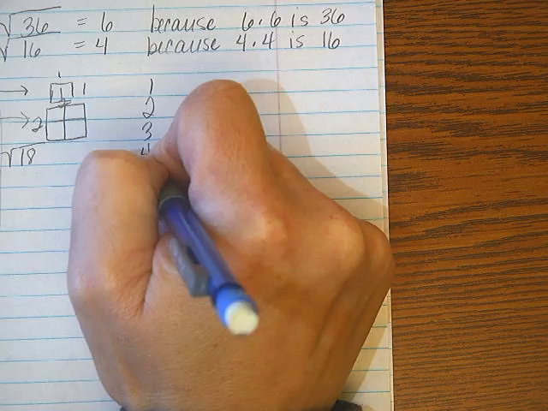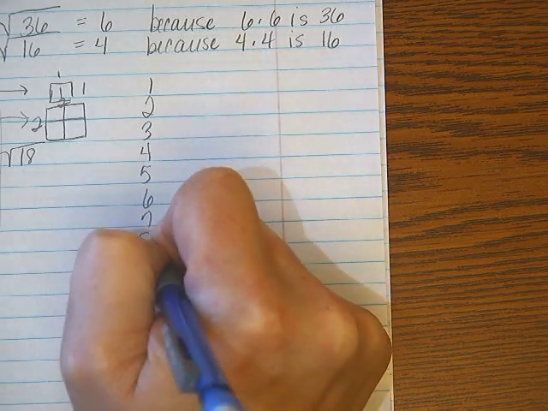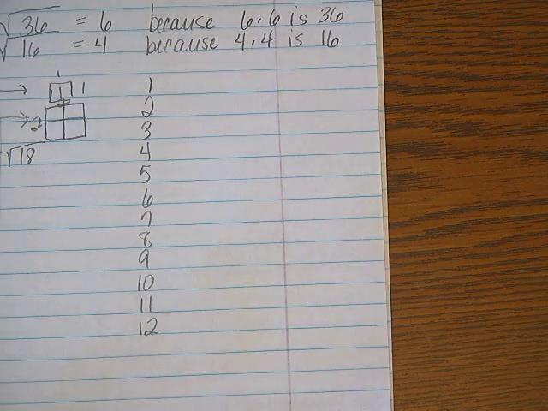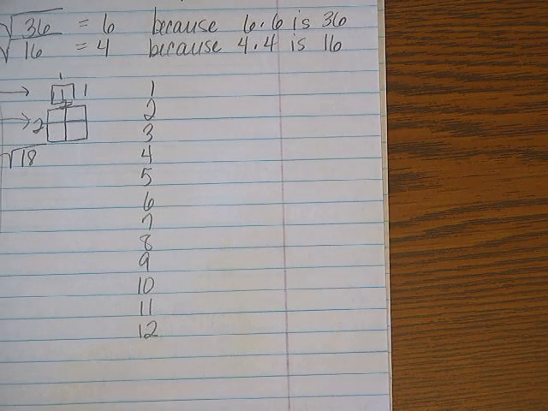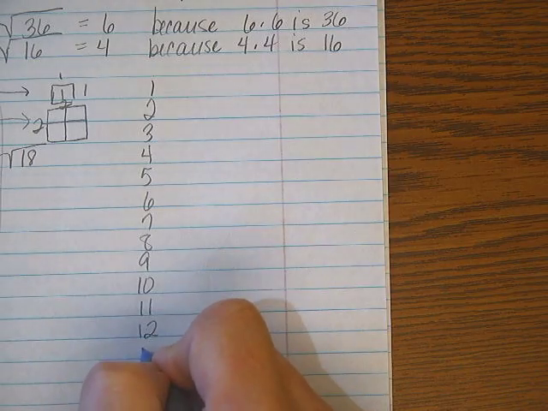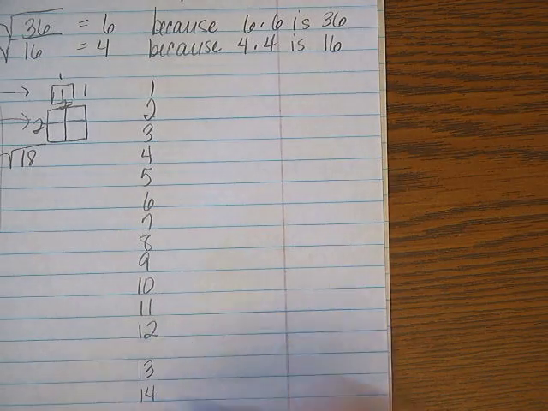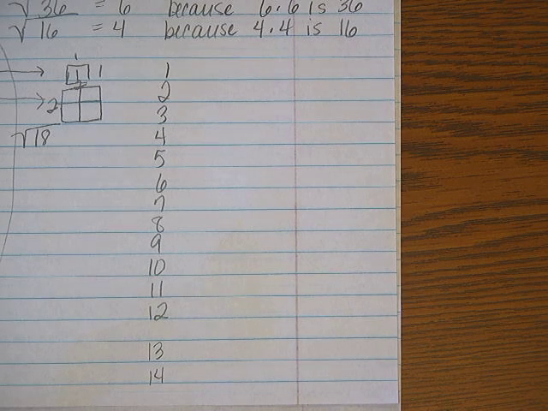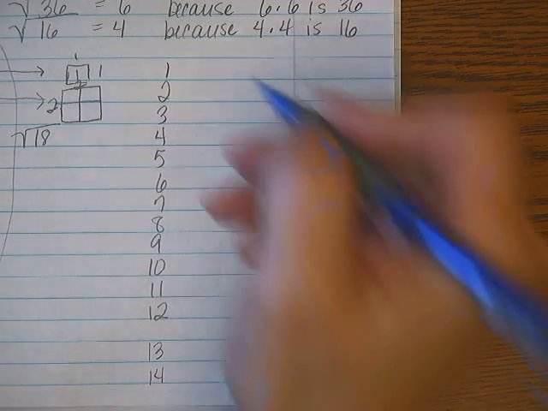Go down your paper, write all of your whole numbers for the numbers we had to memorize when we learned our multiplication tables, and it was through 12 for most of us. I recommend going ahead and doing 13 and 14 as well, because sometimes you'll see problems with numbers that go up that high. And you're not allowed to use a calculator in most cases, so it's handy to have those memorized as well.